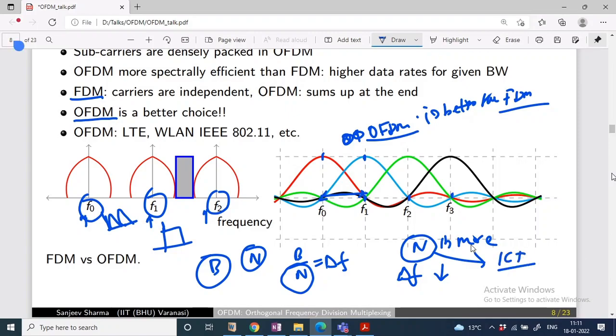Another thing is that if you put a small n, the spacing is high. If delta f is higher, then the multicarrier symbol duration is reduced, Tmc is going to reduce.